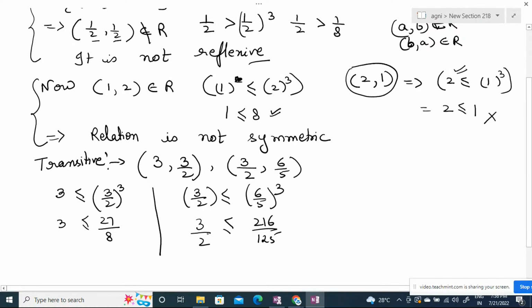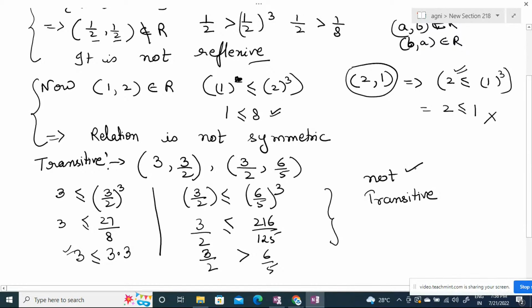When we check this, we find that 3 ≤ 27/8, because if we divide, we get 3.3. So 3 ≤ 3.3, but here we find that 3/2 is greater than 216/125. So it does not satisfy the transitive case, so this relation is not transitive. So this relation is neither reflexive, nor symmetric, nor transitive.